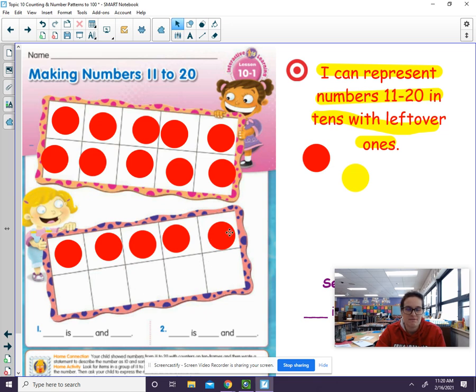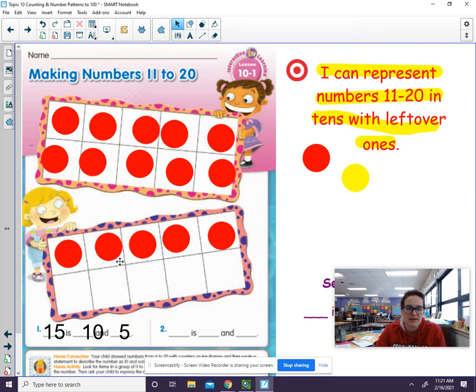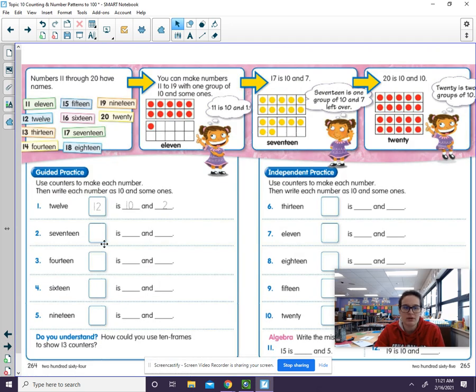Well, now we can see that 15 is actually 10 and 5 more. That makes 15. 10 and 5 more. So that's what we're going to work on today. We're going to do a couple examples.